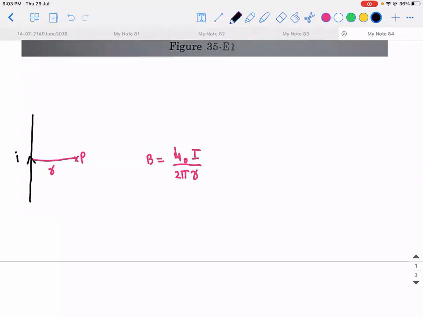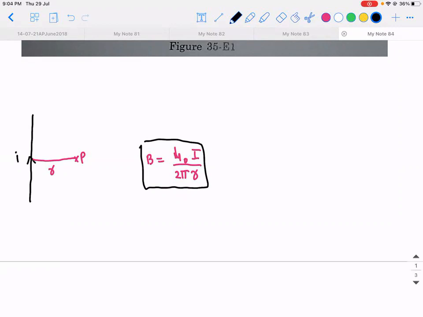And how will we get the direction, because magnetic field is a vector quantity, and this is my magnitude? So we have to hold our conductor in our right hand, in such a way that the thumb points in the direction of the current.